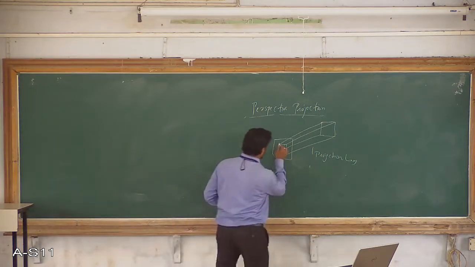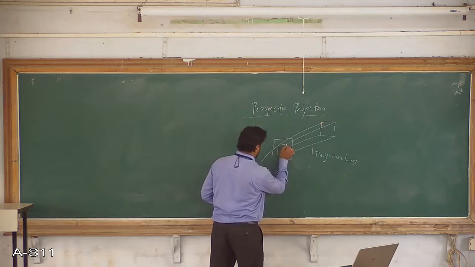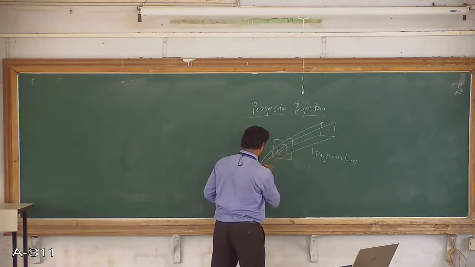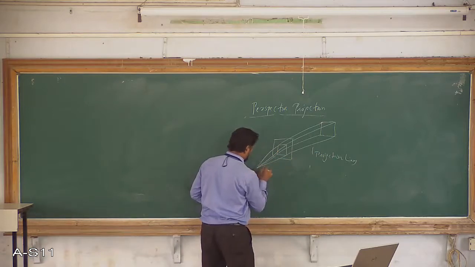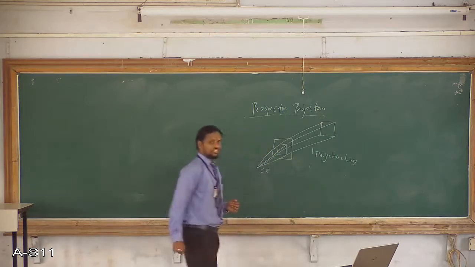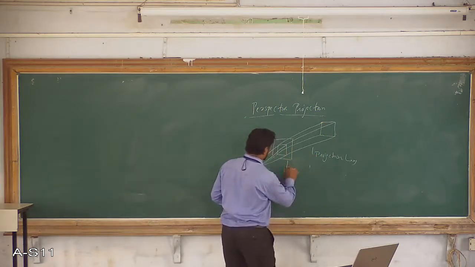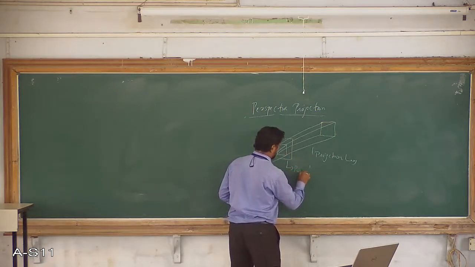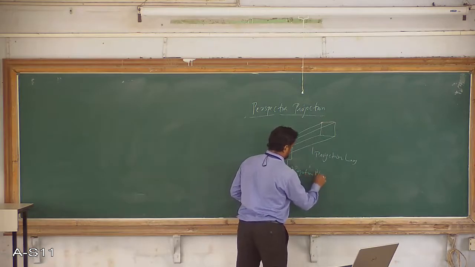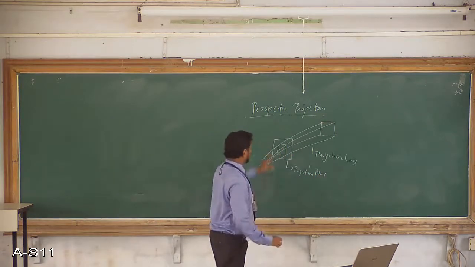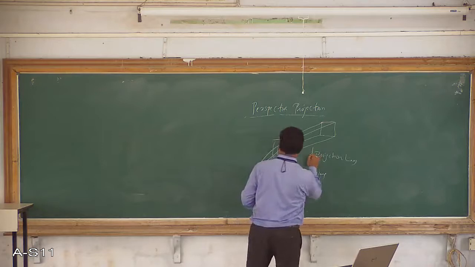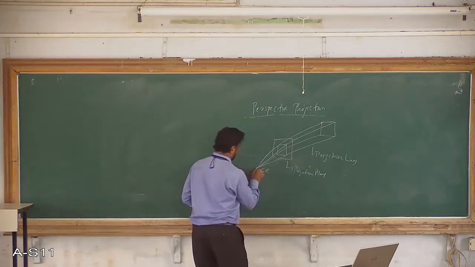They are going to meet at one point. That point can be said as COP, that is center of projection. Next, this is a projection plane. Again these are the projection lines, and ultimately this is the COP.